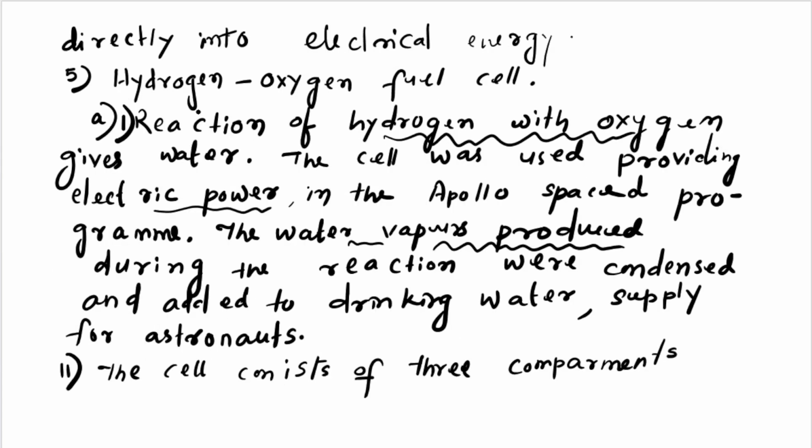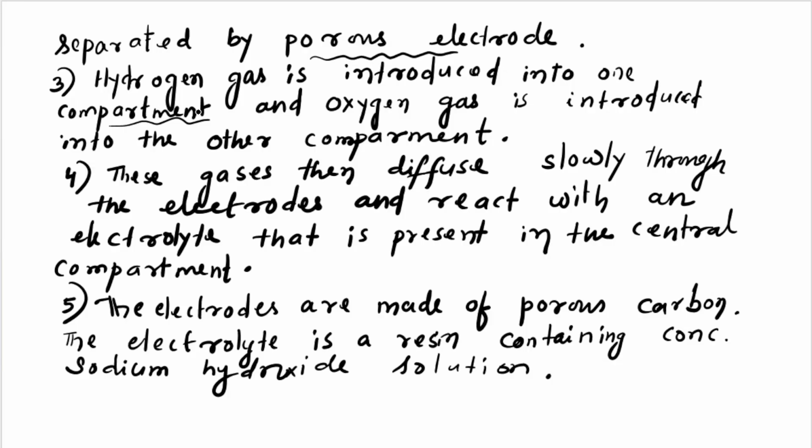One is hydrogen, the second is oxygen, and these gases diffuse slowly through the electrodes and react with an electrolyte that is present in the central compartment, the third compartment, where water is produced.